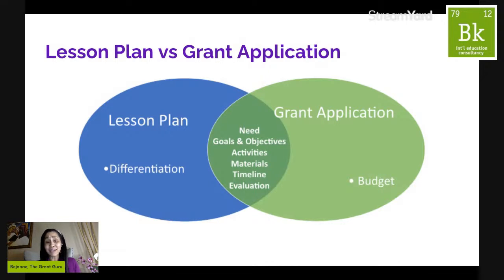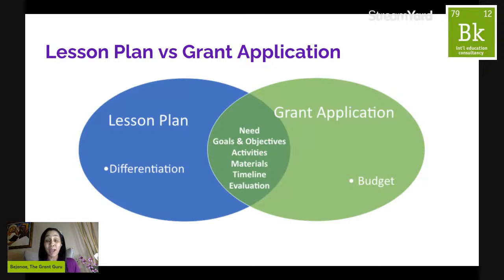One major difference is that a lesson plan usually should include some level of differentiation for students. Now, there are some grants that may require differentiation, but for the most part, that is not a factor for the grant applications that we're referring to for classroom teachers, right?